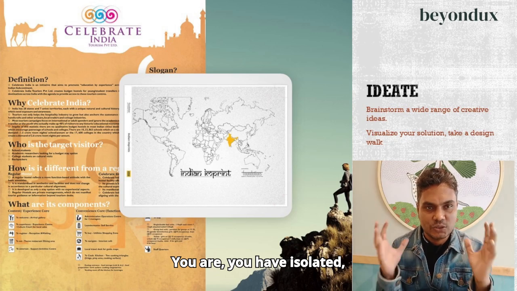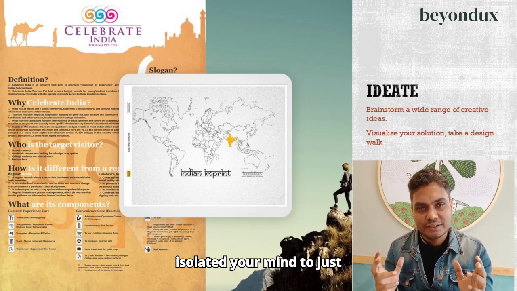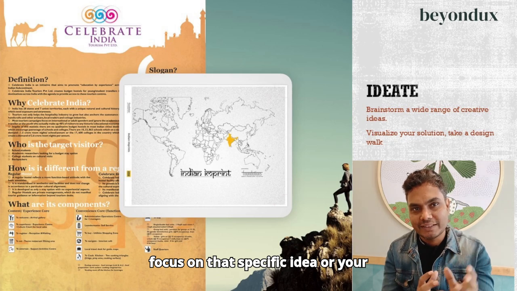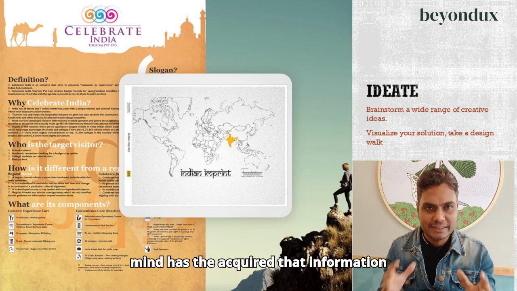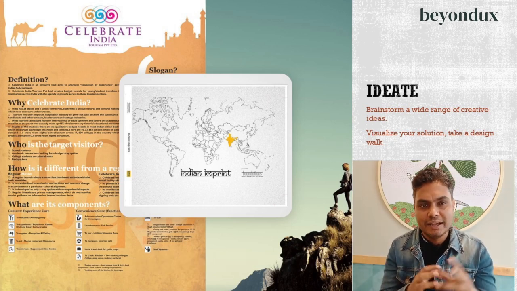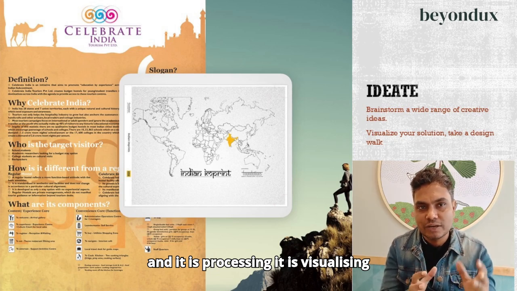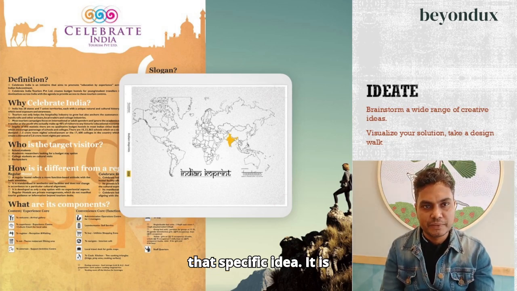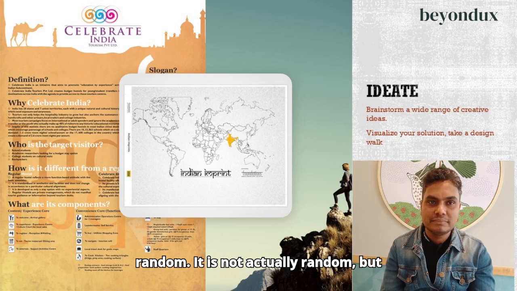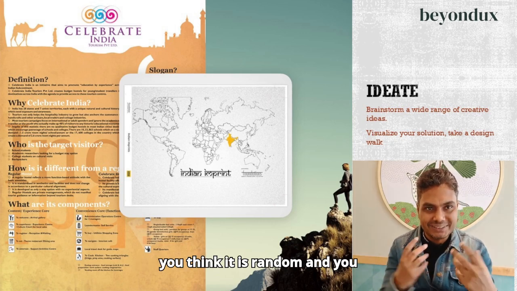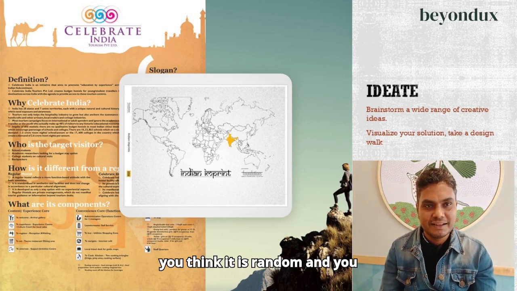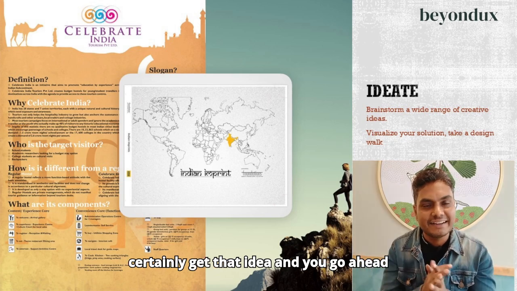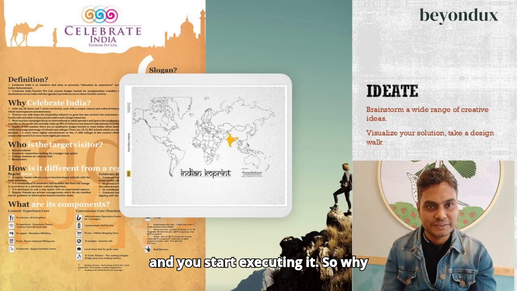You have isolated your mind to just focus on that specific idea, or your mind has acquired that information, and it is processing, it is visualizing that specific idea. It's not actually random, but you think it's random, and you suddenly get that idea and you go ahead and you start executing it.